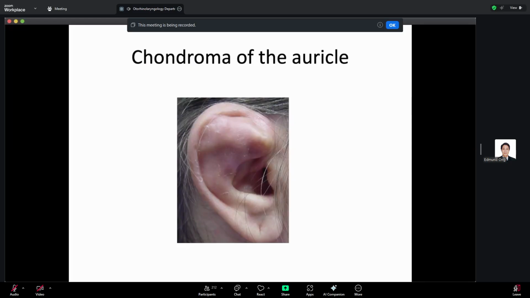Actually, it doesn't affect the hearing of the patient. It's somewhat like a keloid. If you feel the chondroma, it's quite solid and hard. So some patients will have it taken out. That's the only thing you can do: you have to excise it surgically. Next slide.